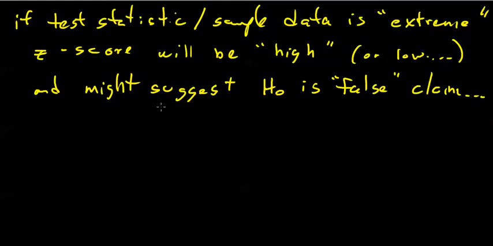Now, the key word here is suggest. You never really prove or disprove H0. Basically, your sample data might suggest with certain probability that H0 is false.